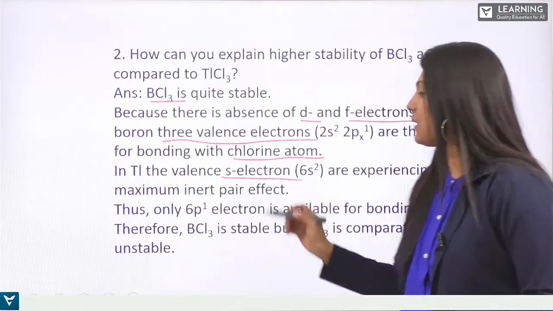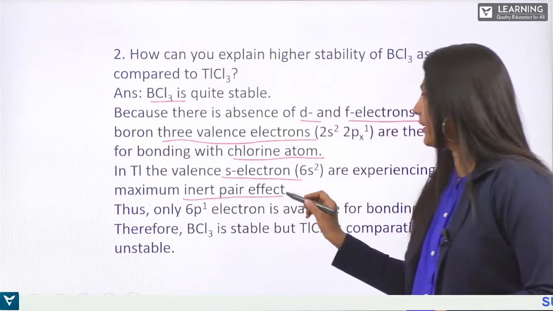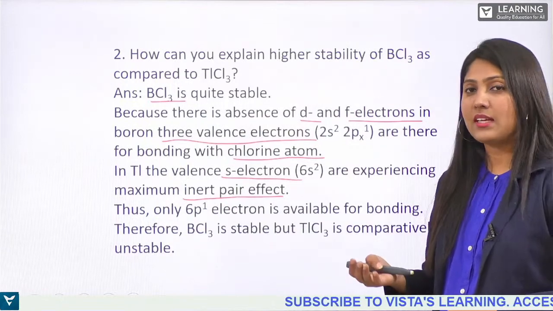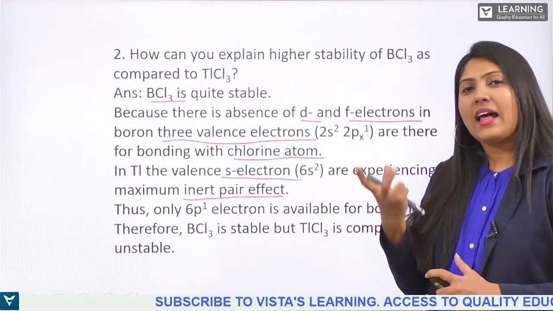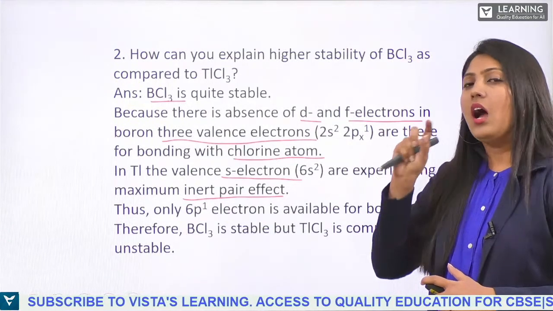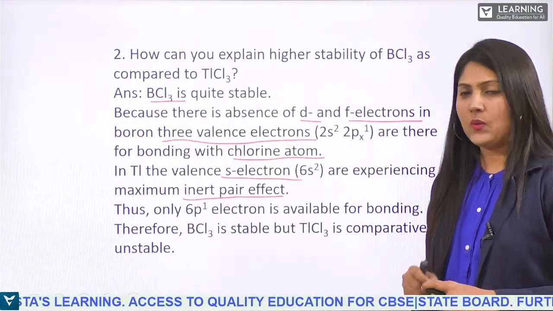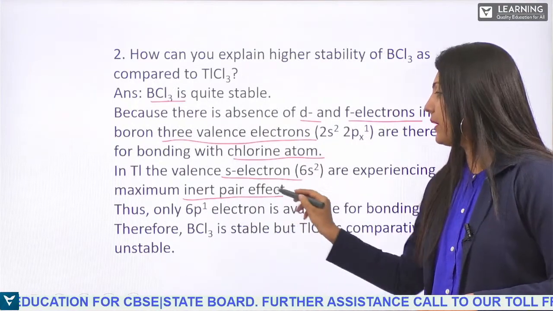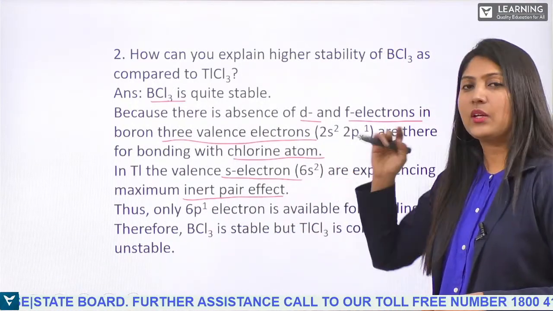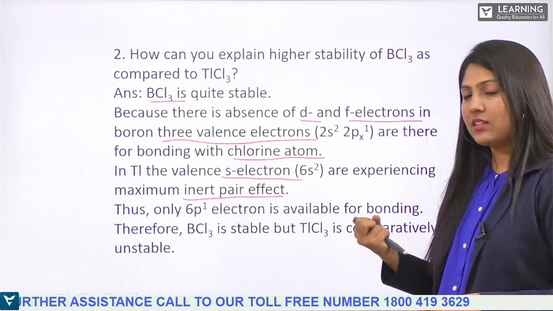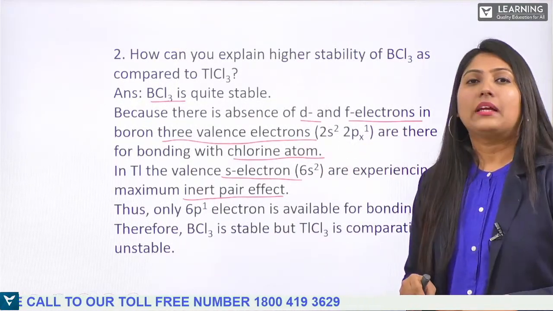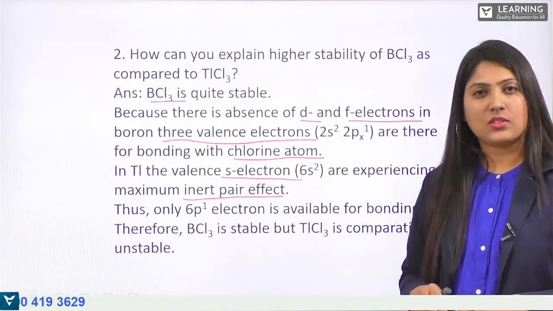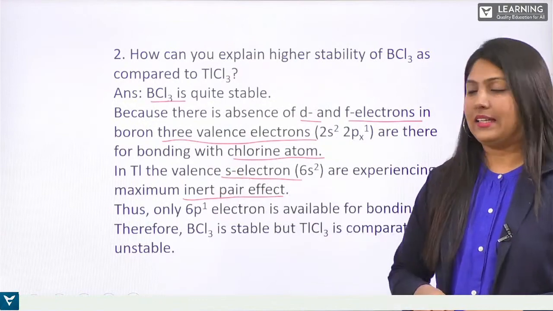They are experiencing the maximum inert pair effect because they have d orbitals and 10 more electrons inside, and so they will have that attraction towards the outermost electrons from the nucleus. With that inert pair effect, it is already paired, so it cannot be easily removed. Due to that we cannot easily remove the electrons from the s orbital of thallium.